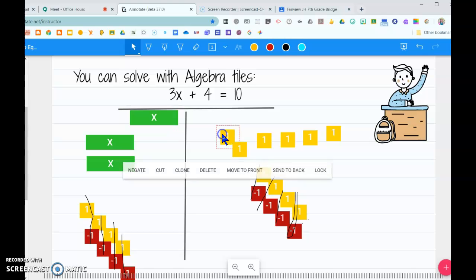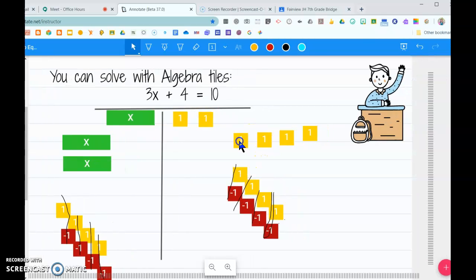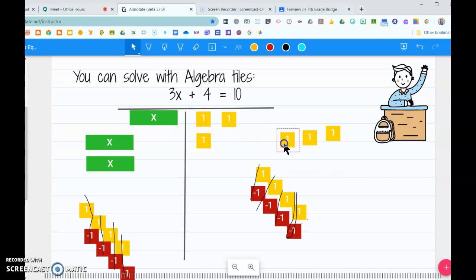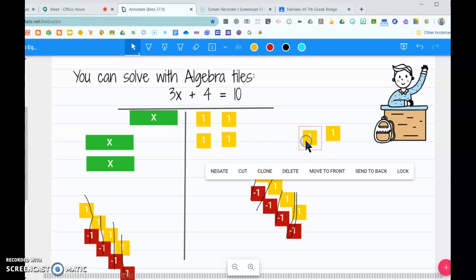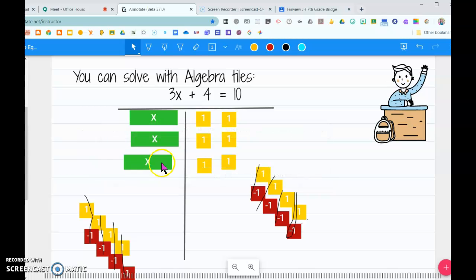So if I were to separate this side into 3 equal groups, could I do that? If my computer will let me, I can. How many ones will go to each x if I break these down into 3 equal groups? Correct. That's what we're solving for. So 1x equals 2 1s.